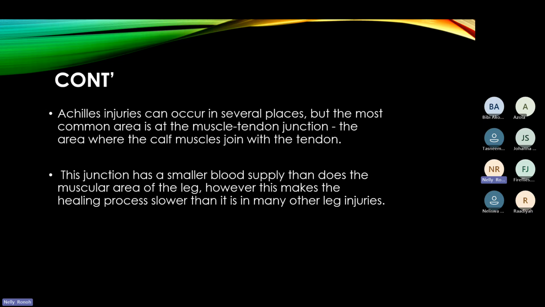This junction has a smaller blood supply than the muscular area of the leg, which makes the healing process slower. Remember, the blood supply brings all the nutrients, the phagocytes and everything else that is engaged in repair. But in this case the blood supply is very little, and therefore it takes time to heal.